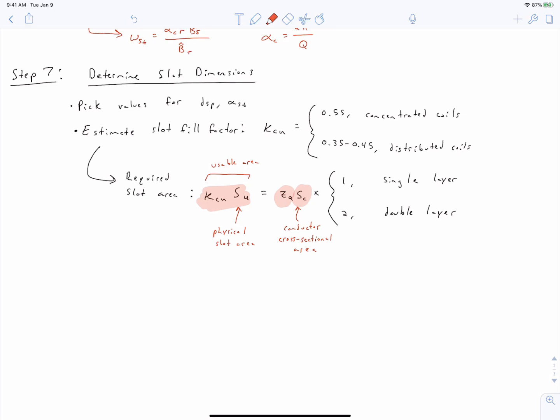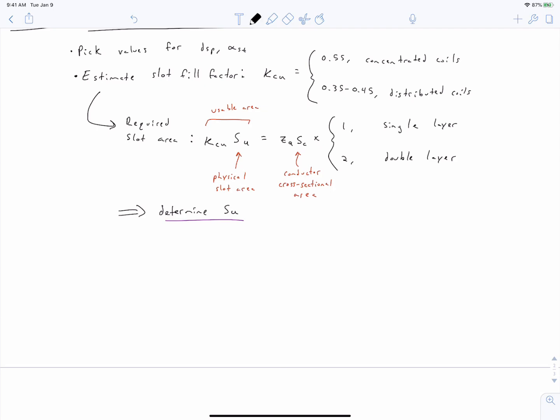And then that will be multiplied by either 1 or 2. The reason that we multiply it by 1 or 2 is based on how many coil sides we have within a slot. So in a double layer winding, we have 2 coil sides within one slot. And if it's a single layer winding, we have only 1 coil side within the slot. So what we do in this step is that we evaluate this expression and we solve it for SU. We're trying to determine our required slot area.